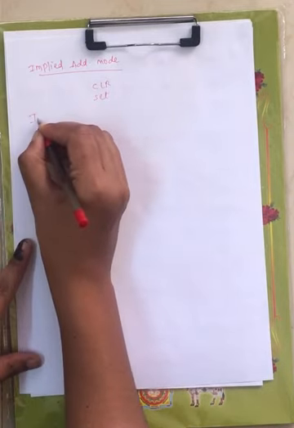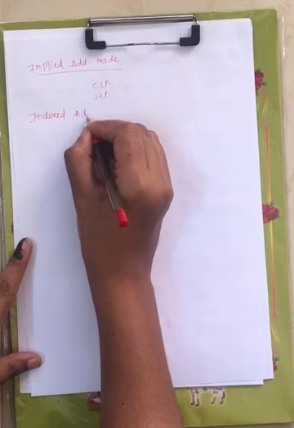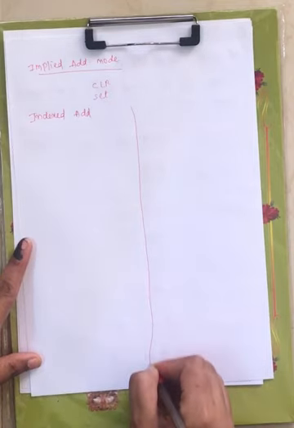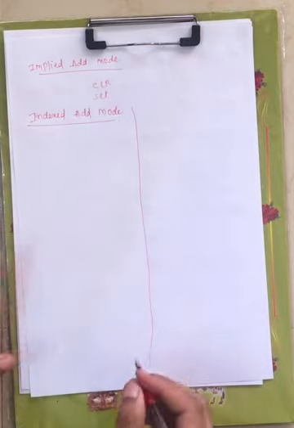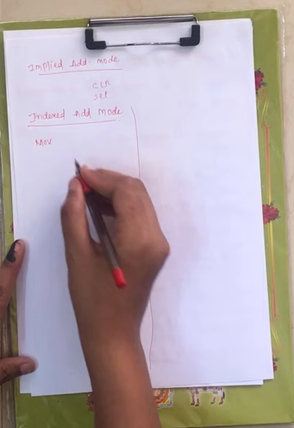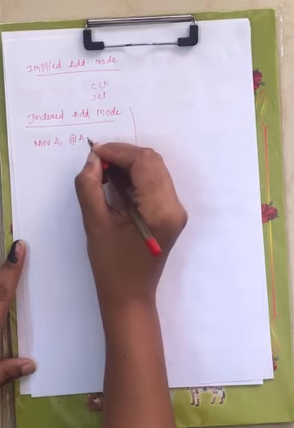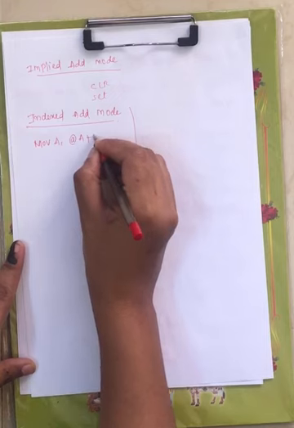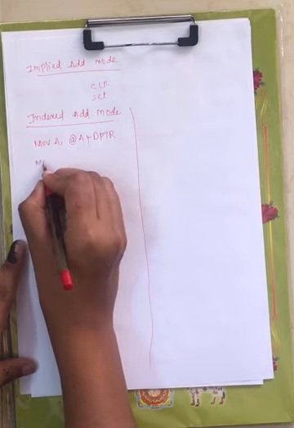Next we have indexed addressing mode. Before that, let me give an example. MOV A, @A+DPTR. You have a 16-bit data pointer for your 8051.